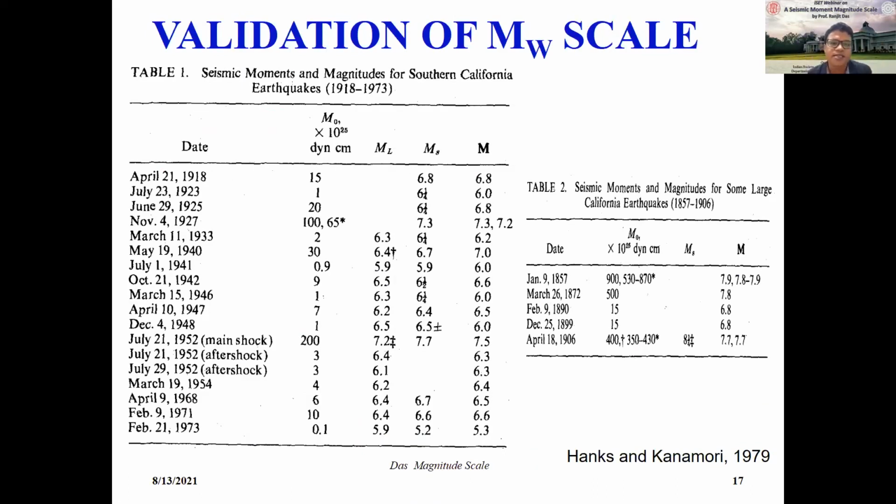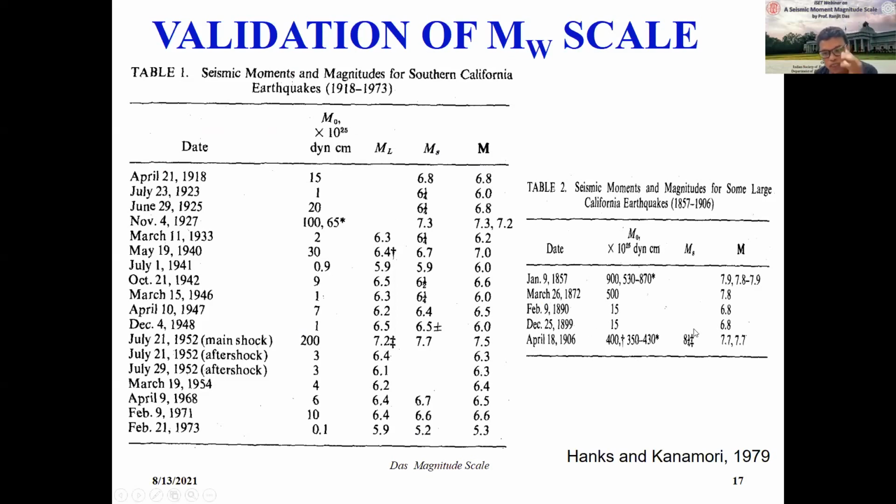So in this table, M is the earthquake magnitude derived by the Kanamori formula, capital M, only M. And he tried to look at how much it differs from MS and ML. Mainly ML is all from Southern California. So he found that capital M, MS and ML are very closely connected.